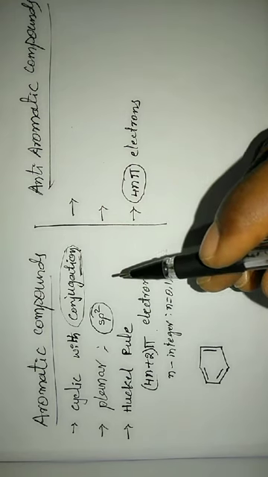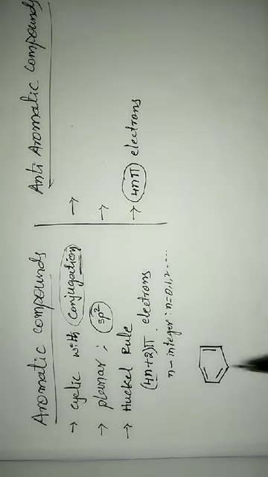These are the conjugated systems. When a conjugated system is present, the pi electrons are always delocalized. Delocalized means they shift between carbon atoms. You need to remember this delocalization of pi electrons.